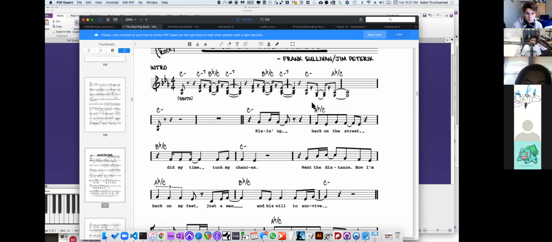And what we see here is this F. Does this F fit into an A flat major chord? It doesn't, right? An F doesn't fit into an A flat major chord.